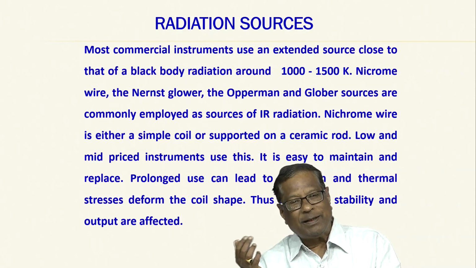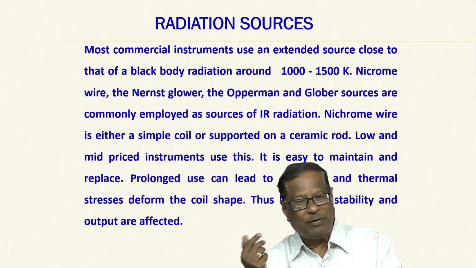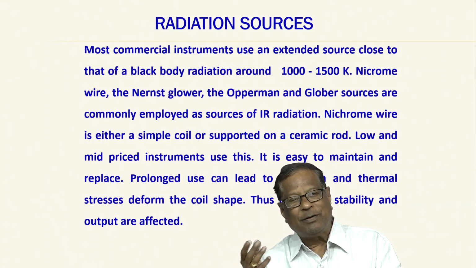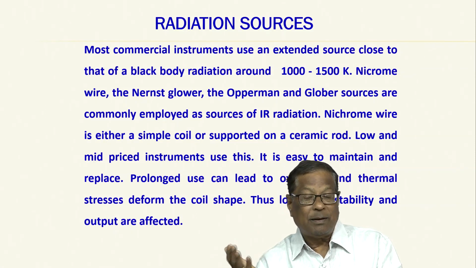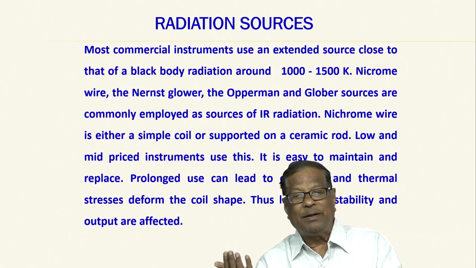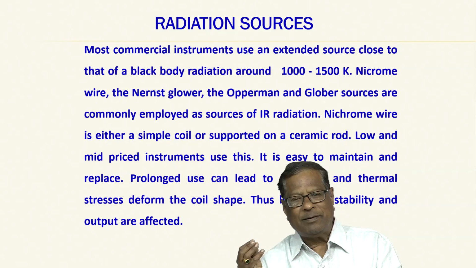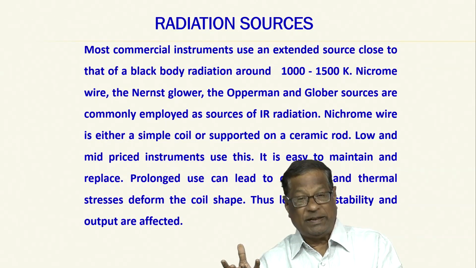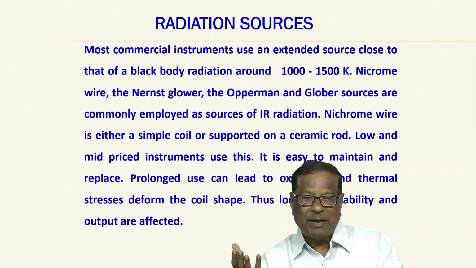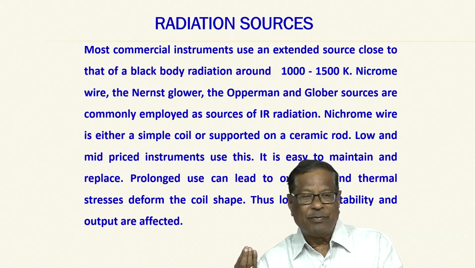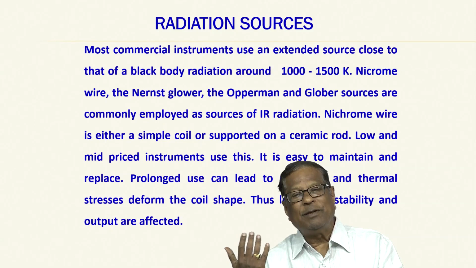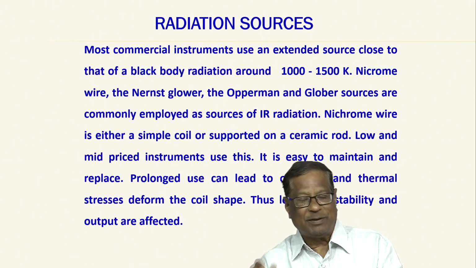That is about, subtracting 273, around 800 to 1200 degree centigrade. That will make this material glow red, and any material that is glowing red because of the heat throws out infrared radiation, that is the assumption.